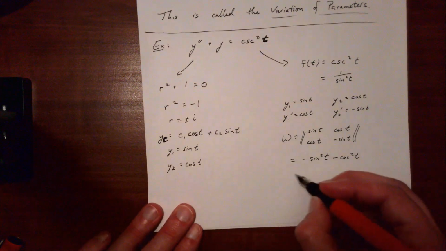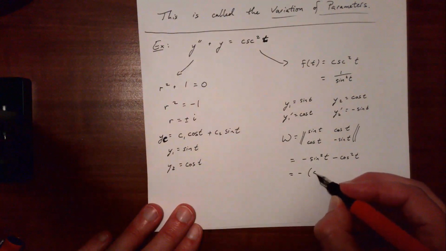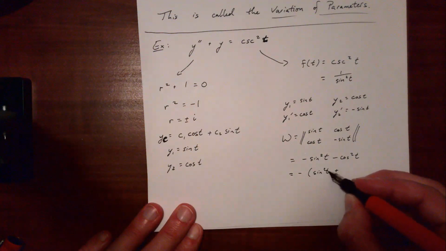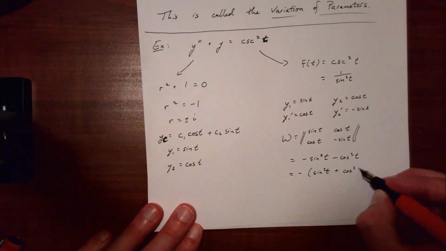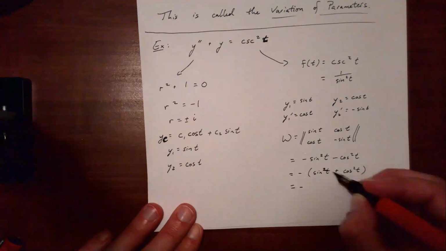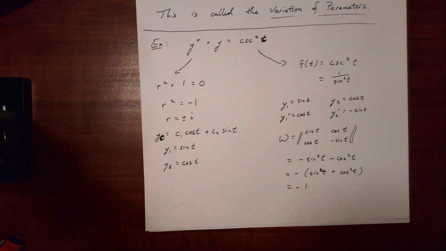In other words, if I pull out the negative, it's negative the quantity sine squared t plus cosine squared t, which is then just going to be negative 1.